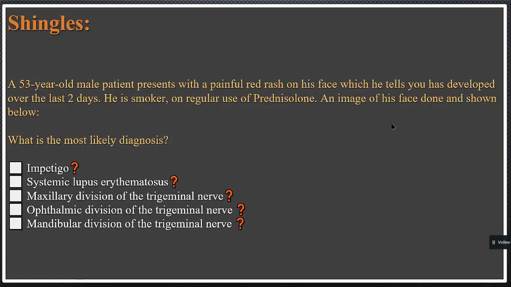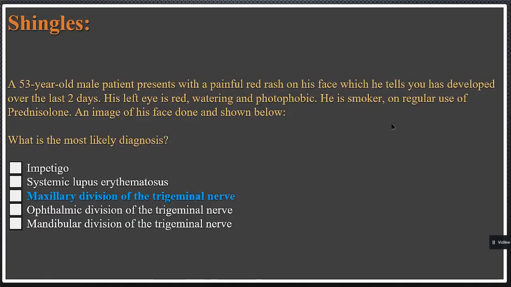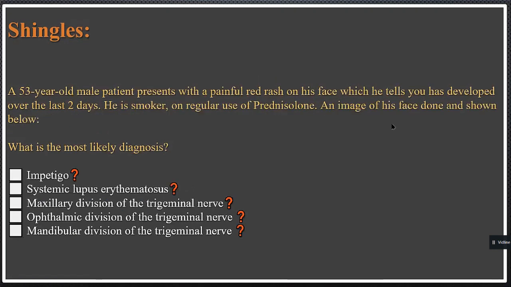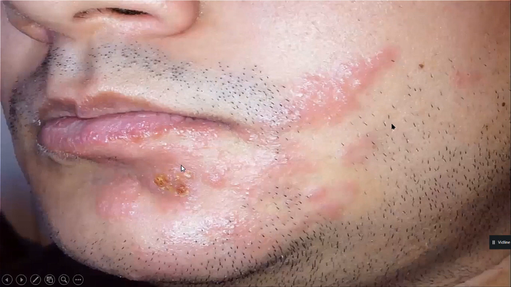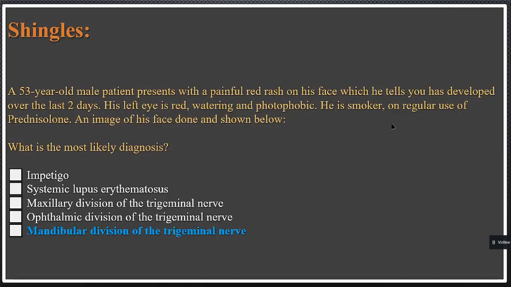Okay. Most likely diagnosis: maxillary division of the trigeminal nerve. Okay. Most likely diagnosis: mandibular division of the trigeminal nerve.